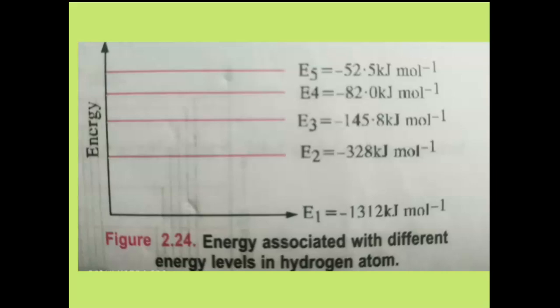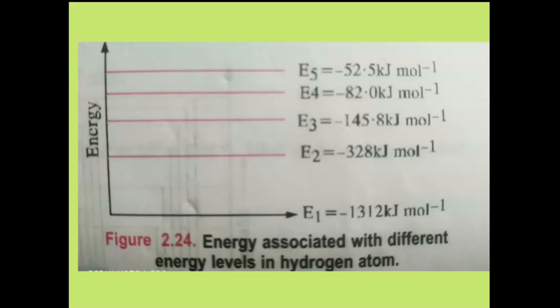For example, we can directly use the formula minus 2.18 into 10 raised to the power minus 18 upon n square. Energy will come out in joules per atom. But if we use the formula minus 1312 upon n square, energy will come out in kilojoules per mole. For example, if I put n equals 1, the energy of the first shell is minus 1312 upon 1 square, equal to minus 1312 kilojoules per mole.